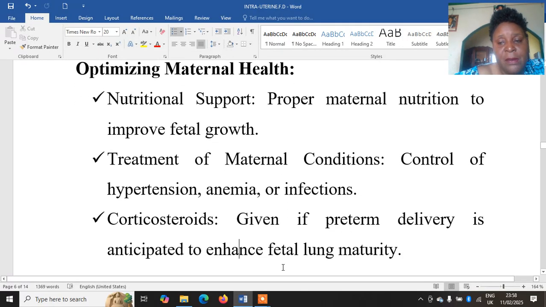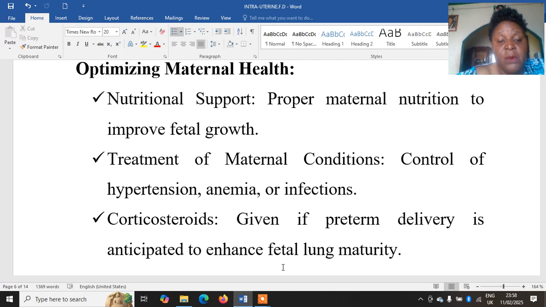Then another aim of our management is to optimize the maternal health. Remember, we are looking at the fetus, but we also have the mother who is supporting this fetus. Remember, the mother is worried when she knows her baby is not growing. Sometimes the mother is sick herself. So we have to optimize the maternal health.